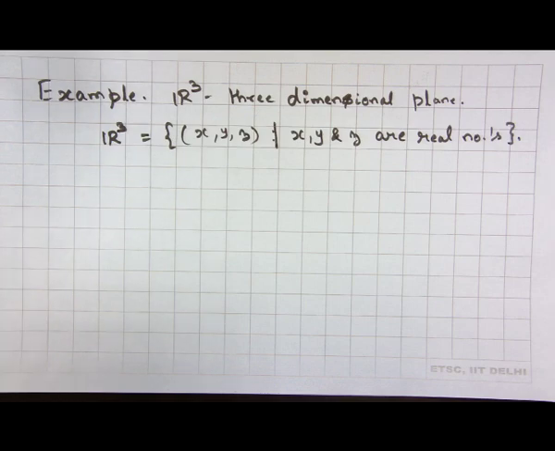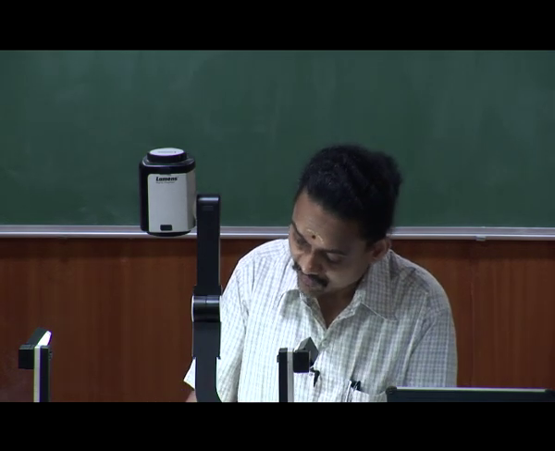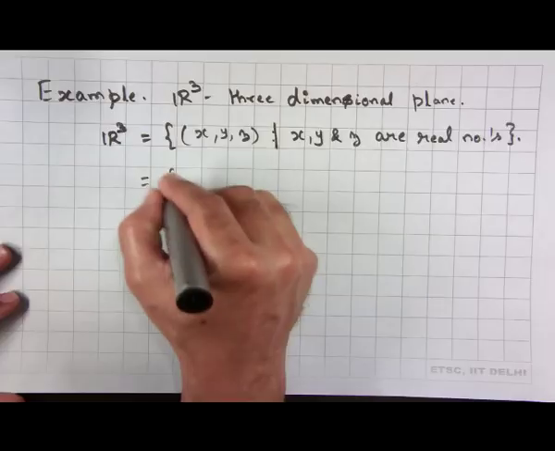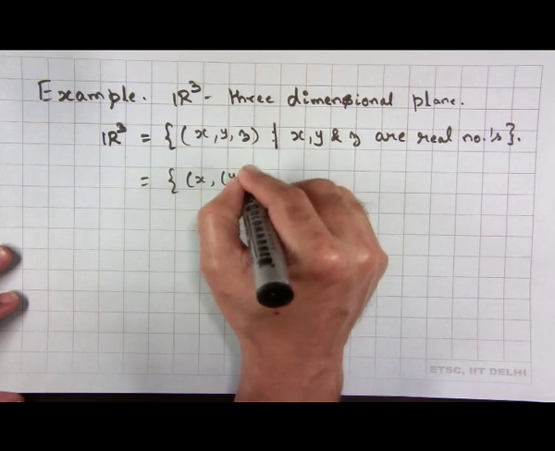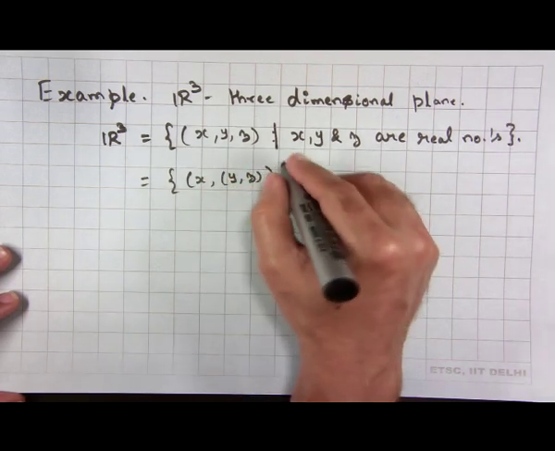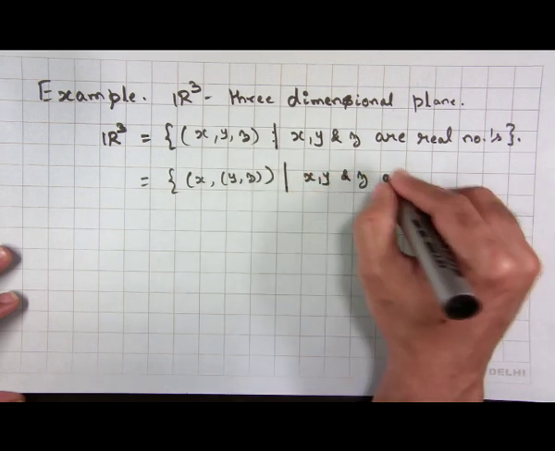The question is, is this a Cartesian product of 2 sets? There are 2 ways of looking at this one. Let us try to identify this set as a Cartesian product of 2 sets first, and then let us see the other possibility. I can also write this as x comma within brackets y comma z, such that x, y and z are real numbers.